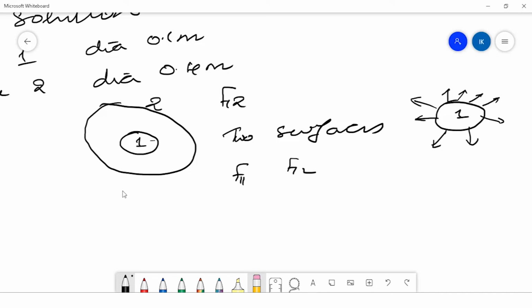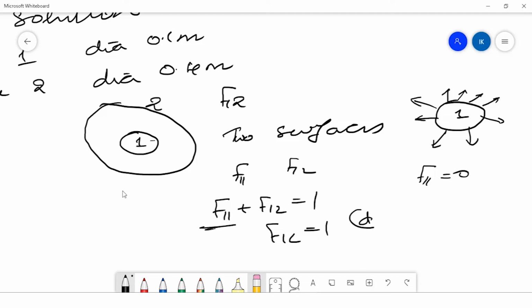Therefore, F11 is 0. Since there are only two surfaces, the sum of the view factors is 1, and F11 is 0. Therefore, F12 is 1. The solution to this question is option D, F12 equal to 1.